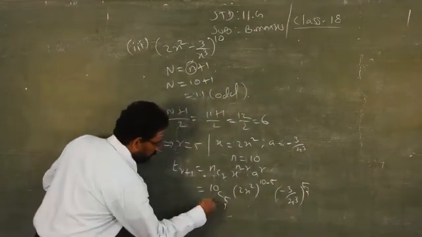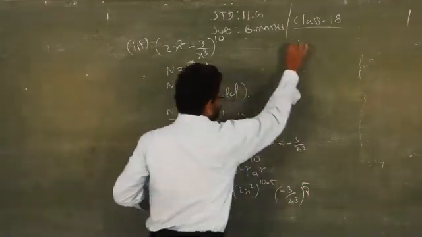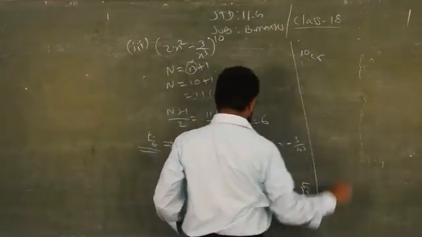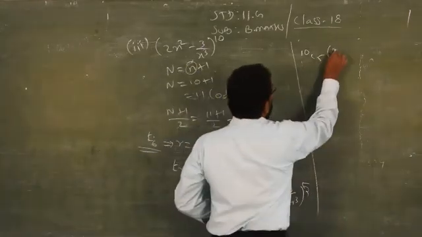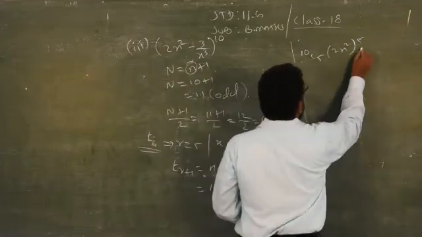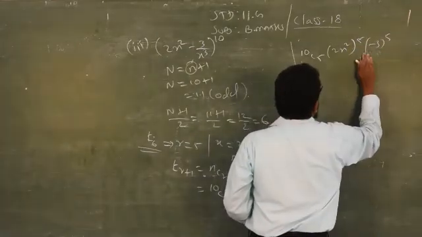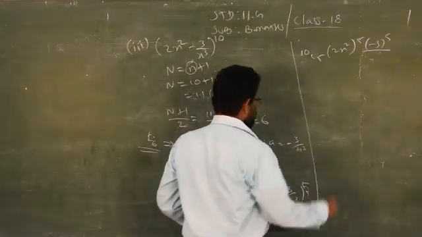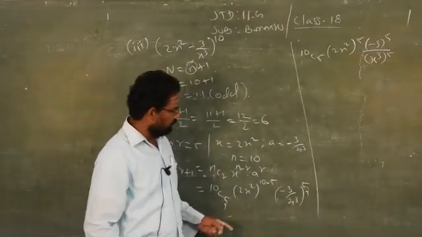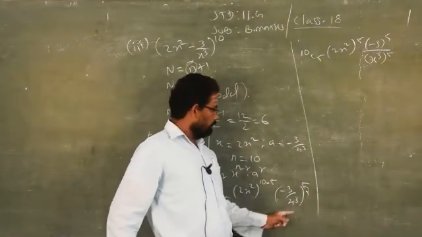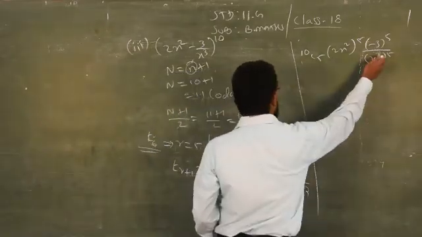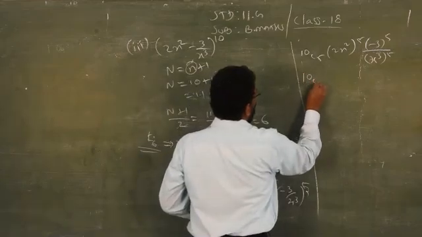So you know how to expand the 10C5. So expand the combination method. 10C5, (2x square) whole to the power of 10 minus 5 is 5, then into (minus 3) power 5 over (x cube) whole to the power 5. Just separate the numerator and denominator with respect to the power of minus 3 by x cube. Clear? So I just separate it. 10C5.